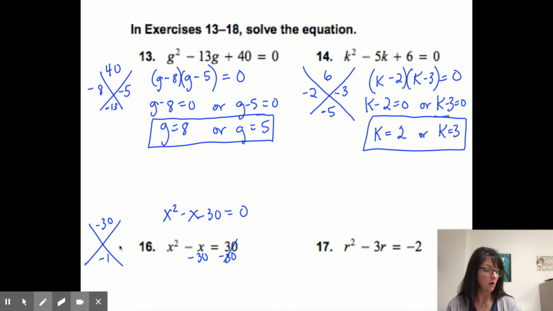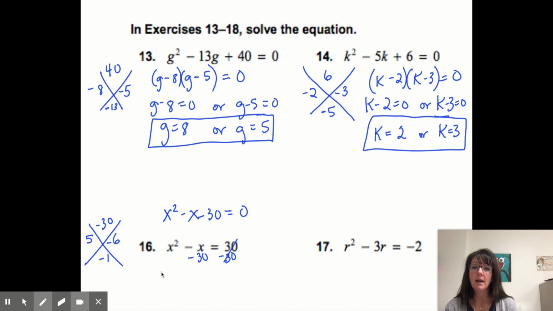So you start thinking about all the factors of 30. There's 1 and 30, 2 and 15, 3 and 10, 5 and 6. 5 and 6. Those are close together. Now, one of them has to be negative if this product is negative, and you want the highest absolute value to be negative. So there you go.